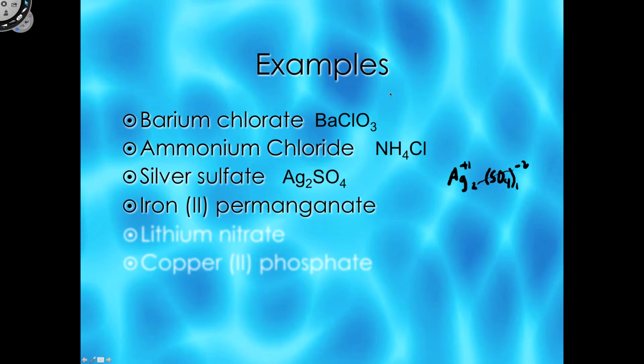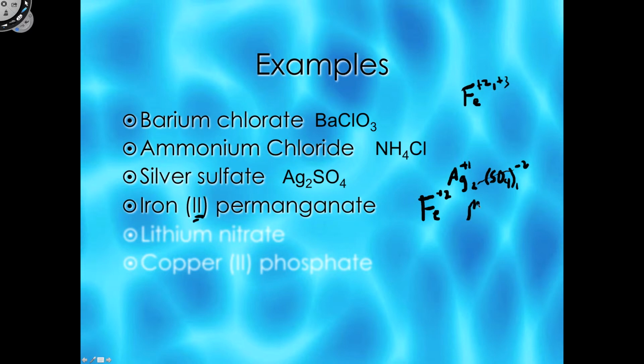All right, iron 2 permanganate. Iron is Fe, so we write the symbol Fe. And what is its charge? Well, again, this is a situation I taught you earlier. Iron can be +2 or +3. How do I know which one it is? Well, if you see a Roman numeral 2, that matches the charge, so this is +2.